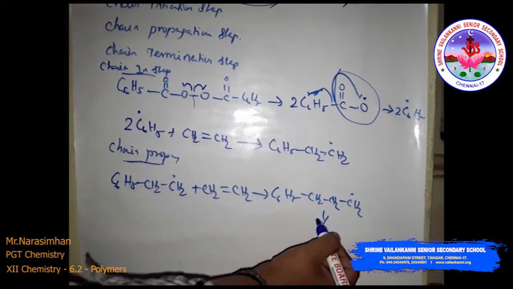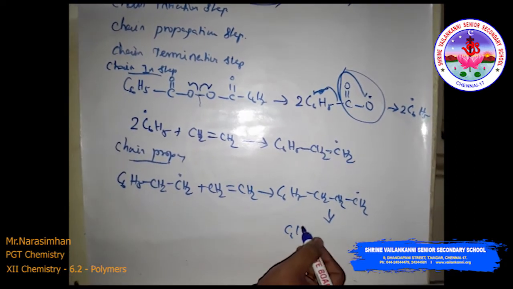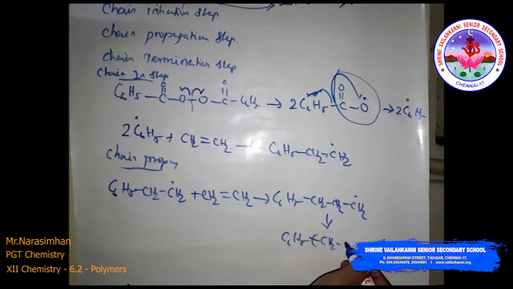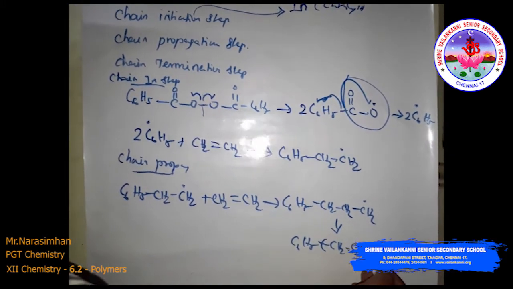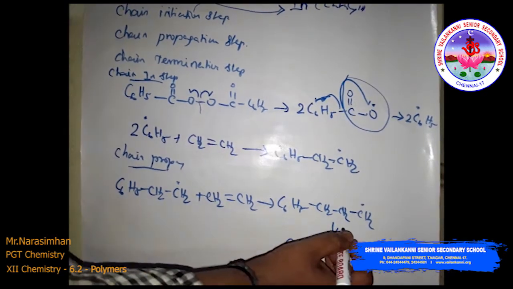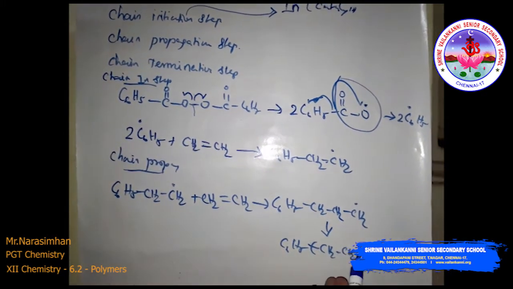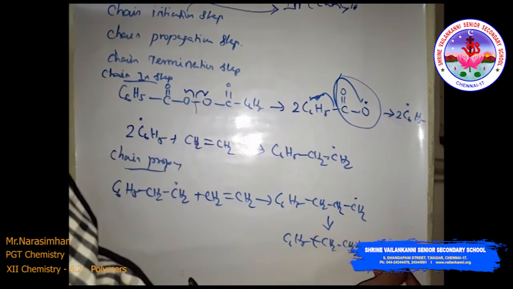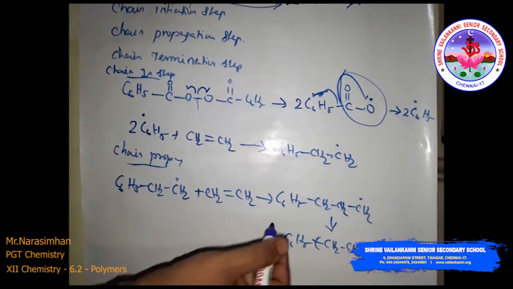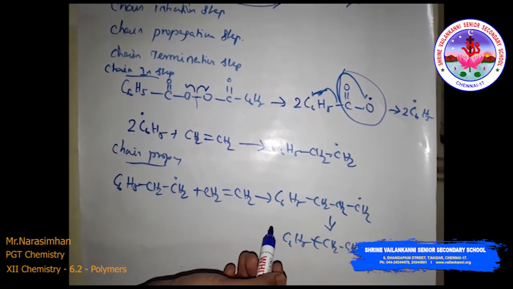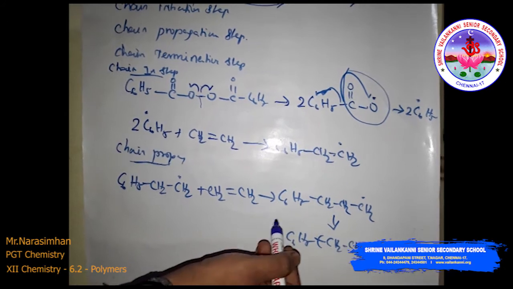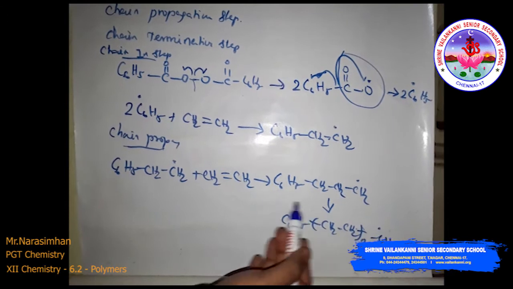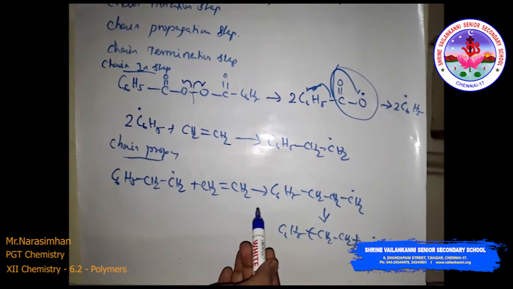The chain goes like this: the CH2 units join together n times, because n number of alkene molecules are joined together, giving C6H5 (CH2)n radical. So this is the chain propagation step. The repetition of this sequence with new and bigger radicals carries the reaction forward. This is called the chain propagation step.